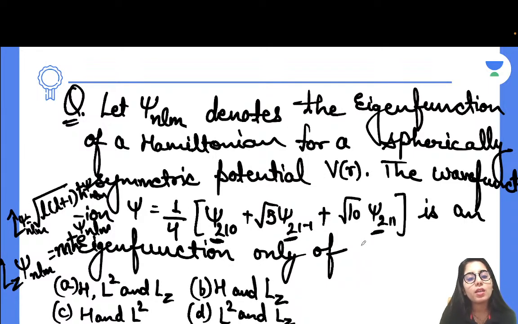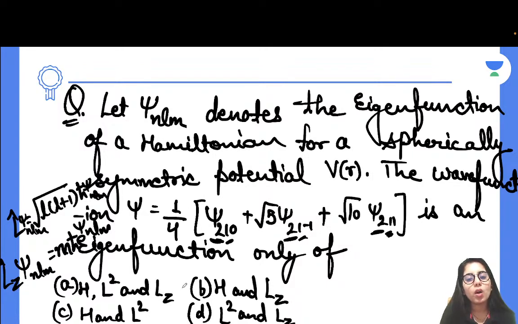When it is the same, your psi expression is an eigenfunction of the Hamiltonian. Then for L square it is l times l plus 1 h square, and you can see l is equal to 1 in all terms, right? So this is how you consider it.